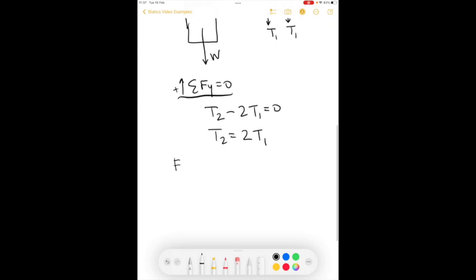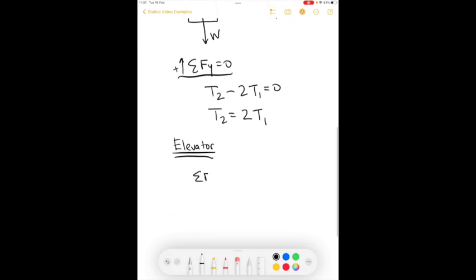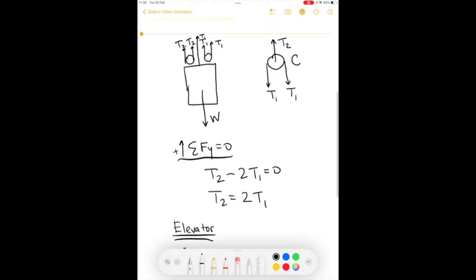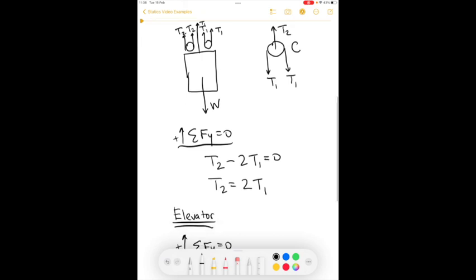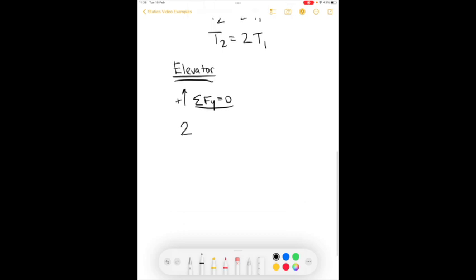Now, if we look at the elevator and we sum the forces in the y direction for that, we see that there are 3 T1s and 2 T2s pulling up and a weight down. So we're going to write that out. We'll say 2 T2s, 3 T1s, and the weight is pulling downward.